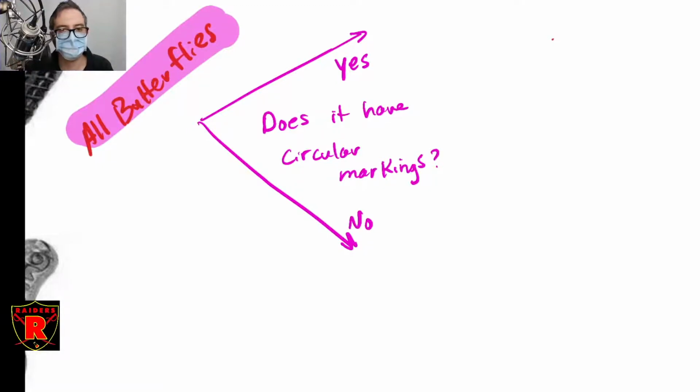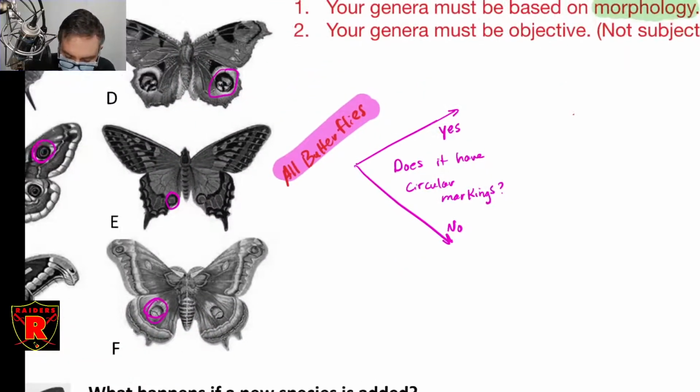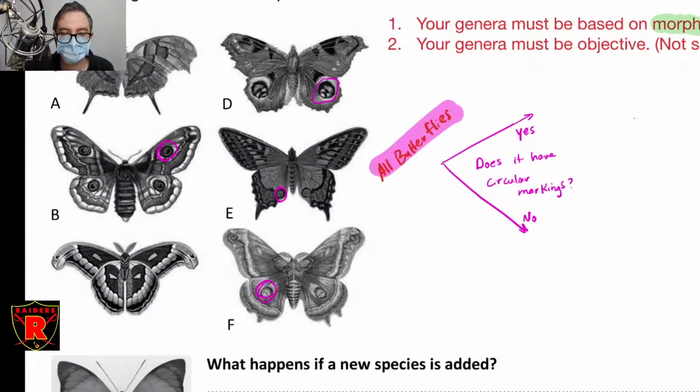So 2 ways you can go. You don't need to include which ones go which way on your dichotomous key. However, I'm going to include it on here just to help us keep things straight while we're working. You can include it if you want, but just keep in mind that you don't actually have to write which ones are going which way.